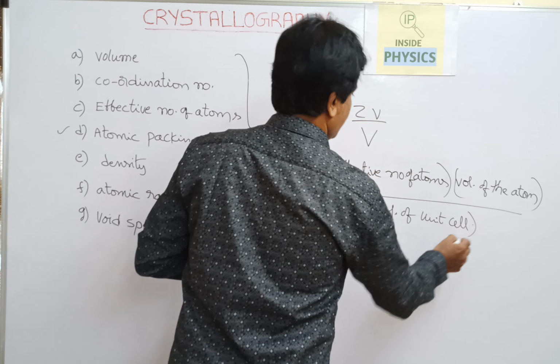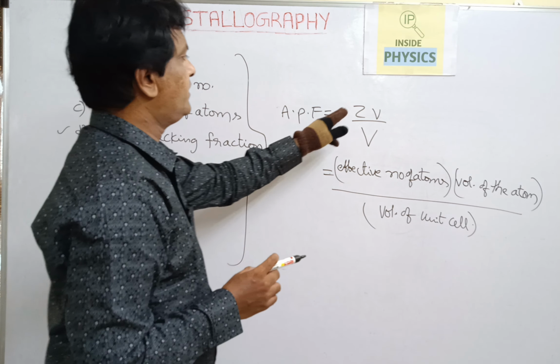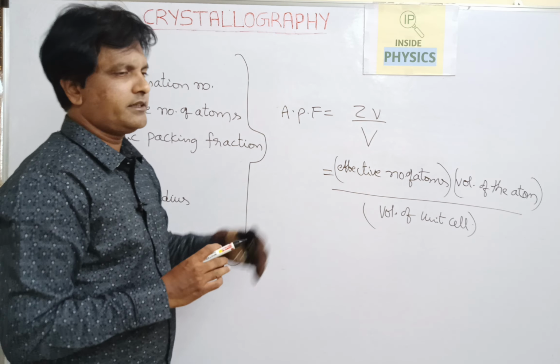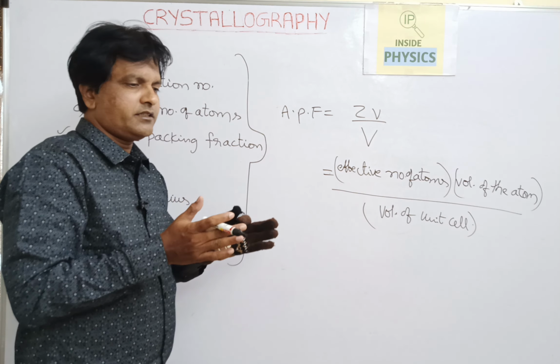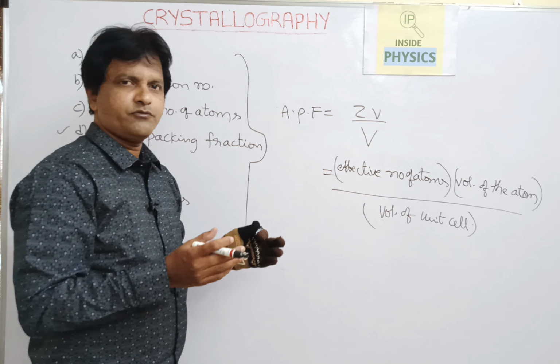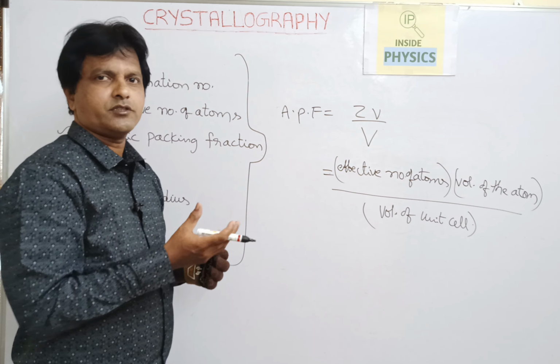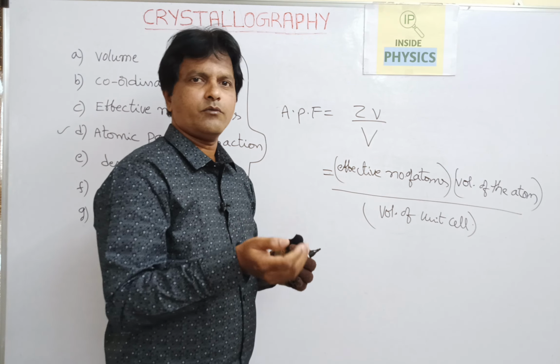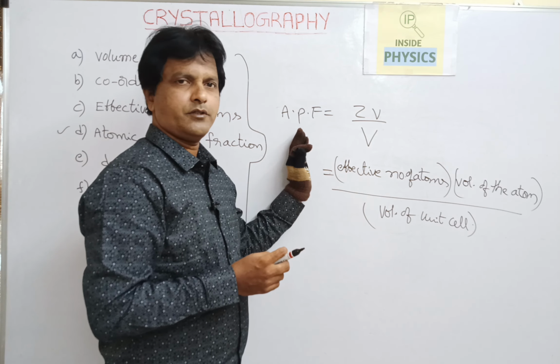So this is the relation to calculate the atomic packing fraction. Atomic packing fraction is nothing but how much space inside a cubic lattice cell is filled with the atoms. That means the percentage of the volume to the total volume of the unit cell.